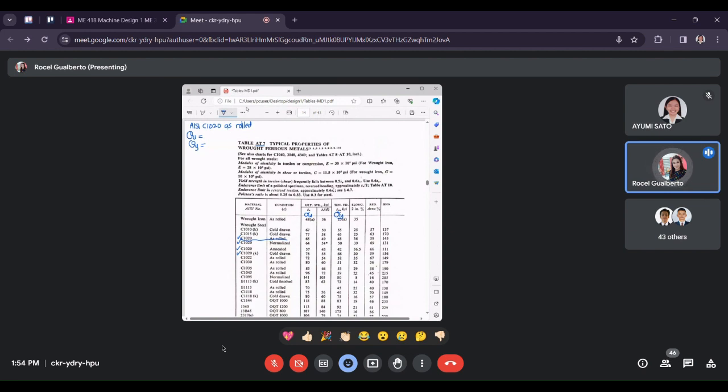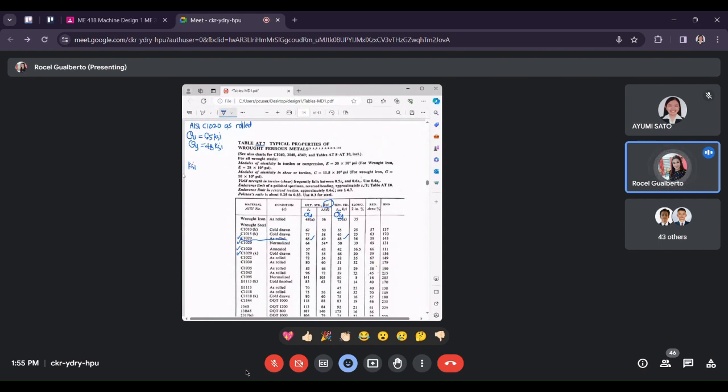So for C1020 as rolled, this is 65 and the other one is 48. The unit here is KSI, so 65 KSI and 48 KSI.